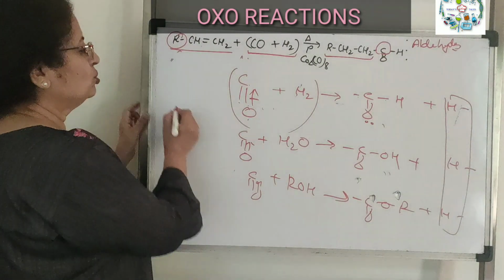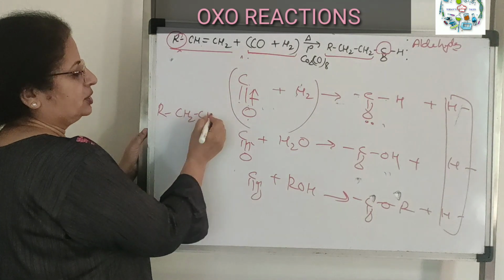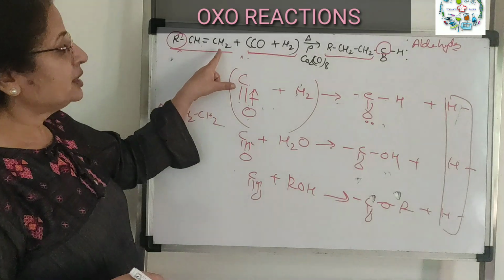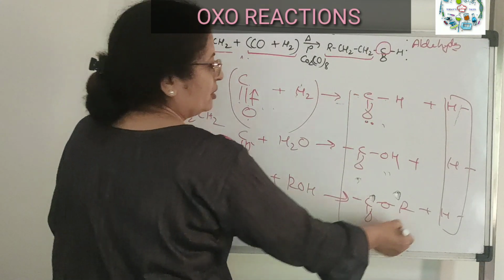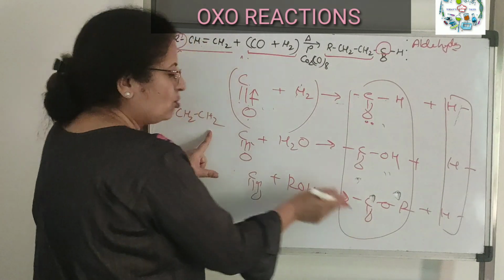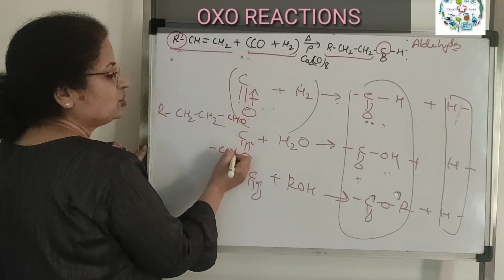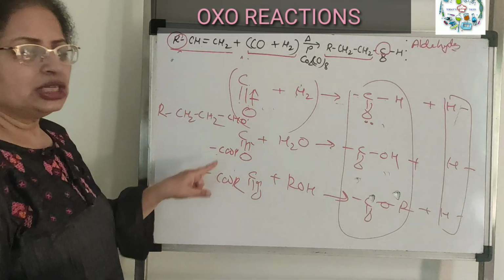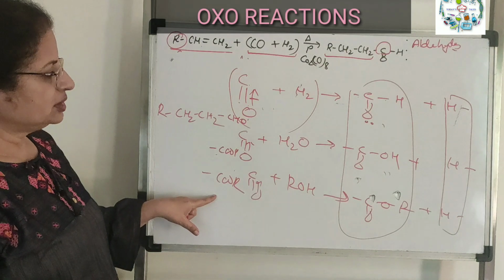So you will get RCH2CH2, means this CH will get converted into CH2, and this CH2 will get attached with these radicals, whether it is aldehyde or acid or COOR. So we get either CH2CHO or COOH or COOR. In this way we get either aldehyde or acid or esters.